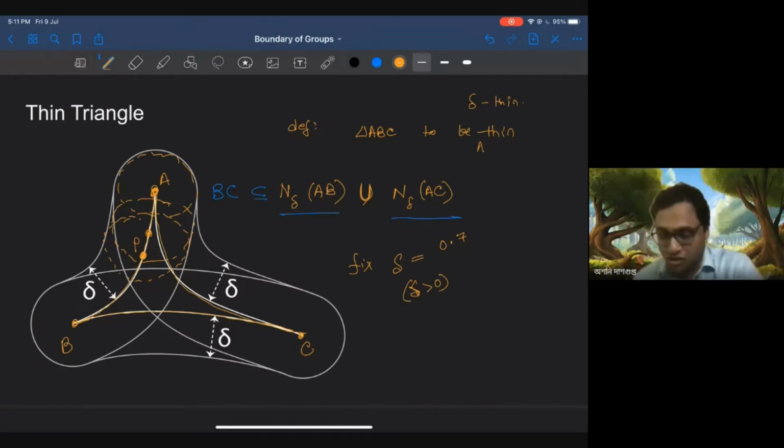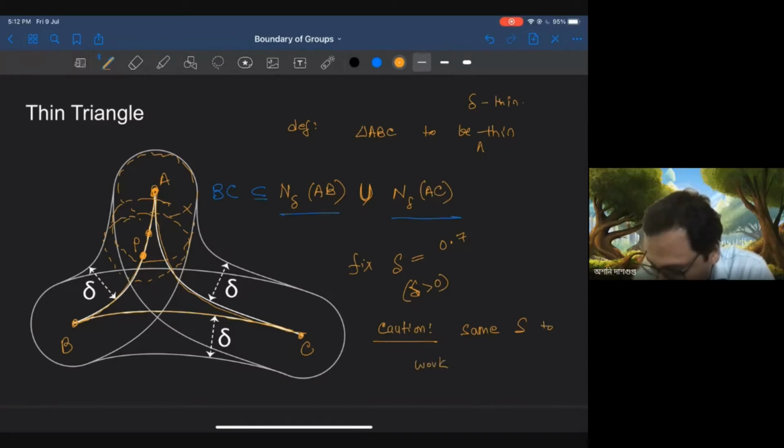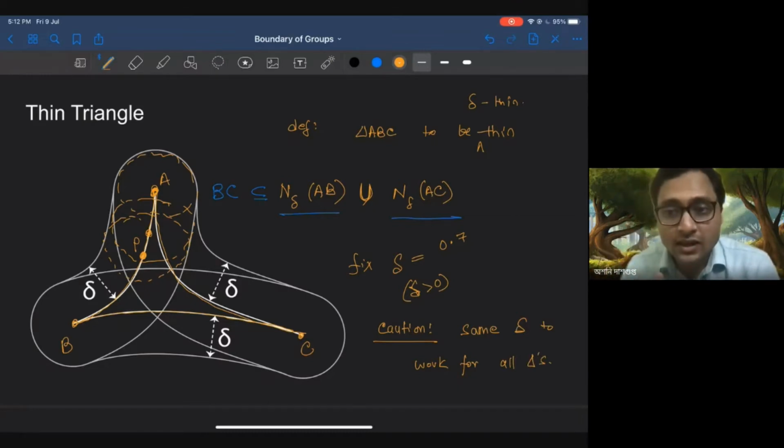So here is the caution. We want the same delta to work for all triangles. So at the beginning of the game, I tell you delta is equal to 0.7.